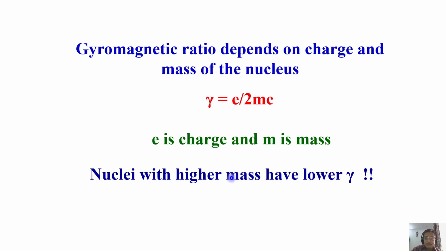So nuclei with higher mass always have lower gamma. Remember, in one of the previous slides, I showed gamma for proton was 26.75 into 10 to the power 7 radians per Tesla per second. When I showed for carbon, it was 4 times less, because the carbon 13 mass is higher than that of proton. As a consequence, gamma was 4 times less.